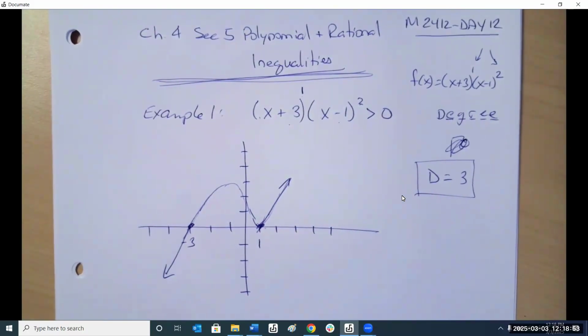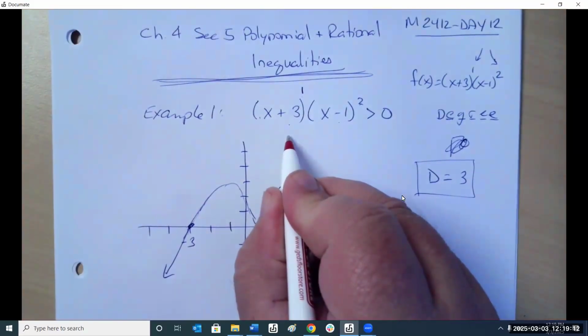What's my y-intercept? How do you find the y-intercept? Set x equal to 0. If you set x equal to 0, what do you have left?